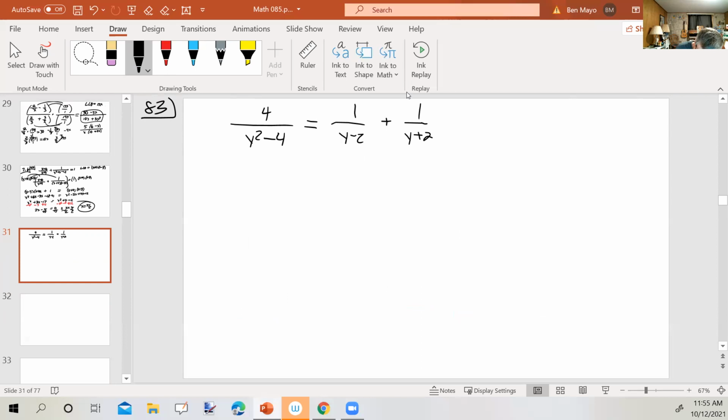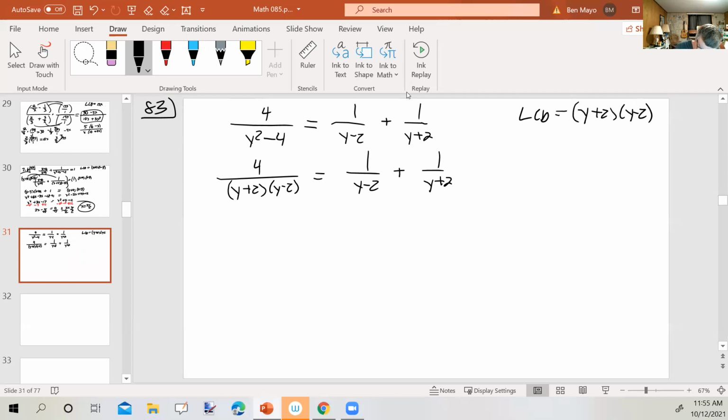So factoring all the denominators as far as we can, we get 4 over y plus 2 times y minus 2. And these don't factor any further. The LCD is y plus 2 times y minus 2. So we're going to multiply everything times y plus 2, y minus 2.